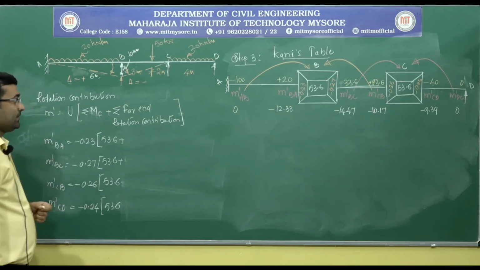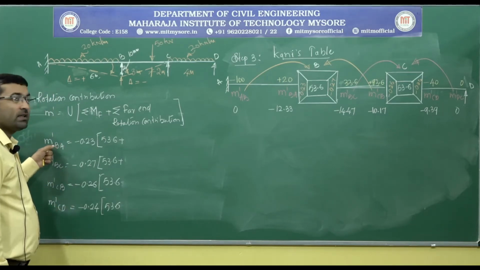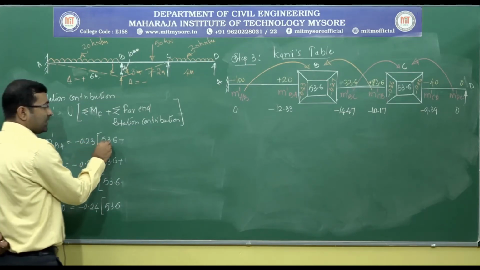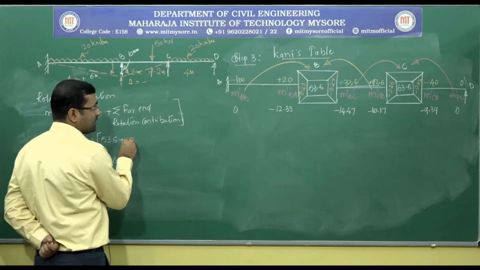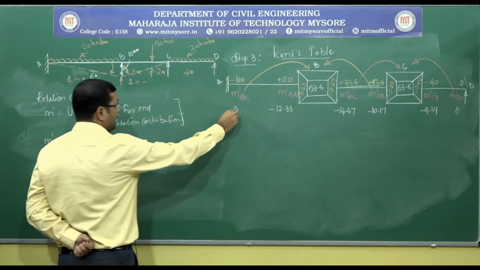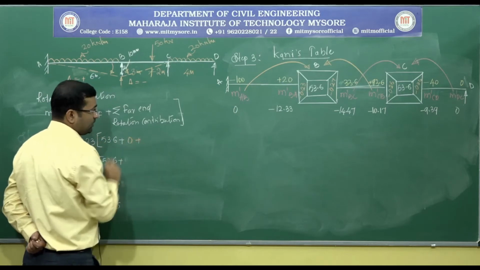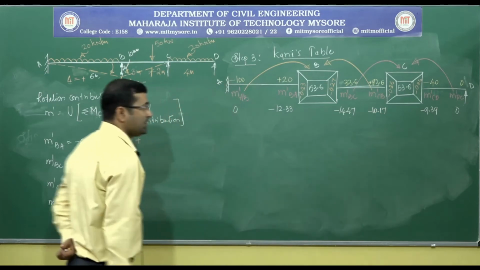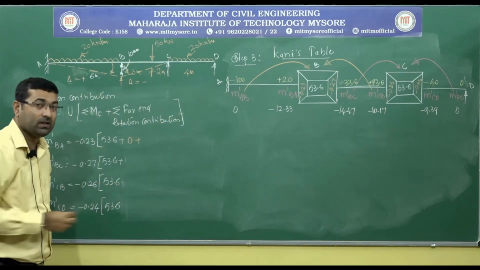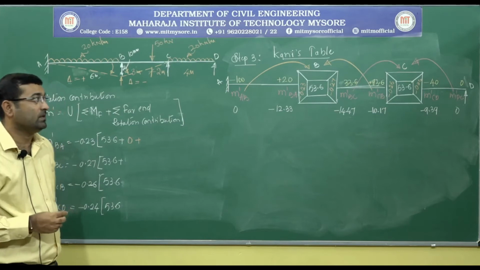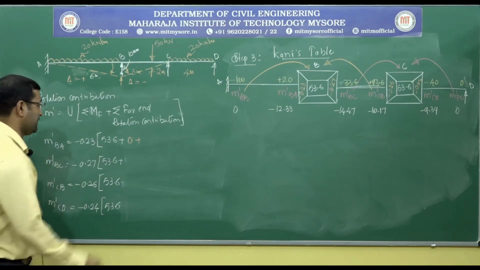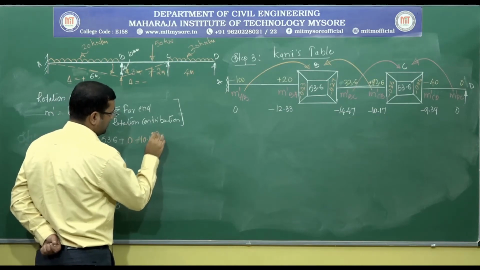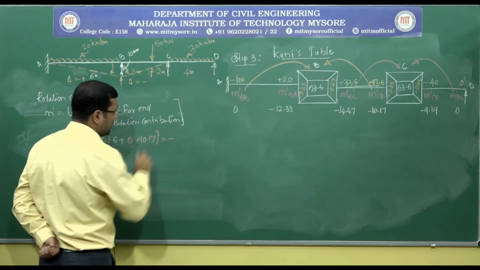Now for the second cycle, if I want to calculate M dash BA, it is the rotation factor into the fixed end moment plus the far end rotation contributions, M dash AB 0 plus M dash CB. Initially I had taken it as 0, but now in the second cycle we have a value, minus 10.17.